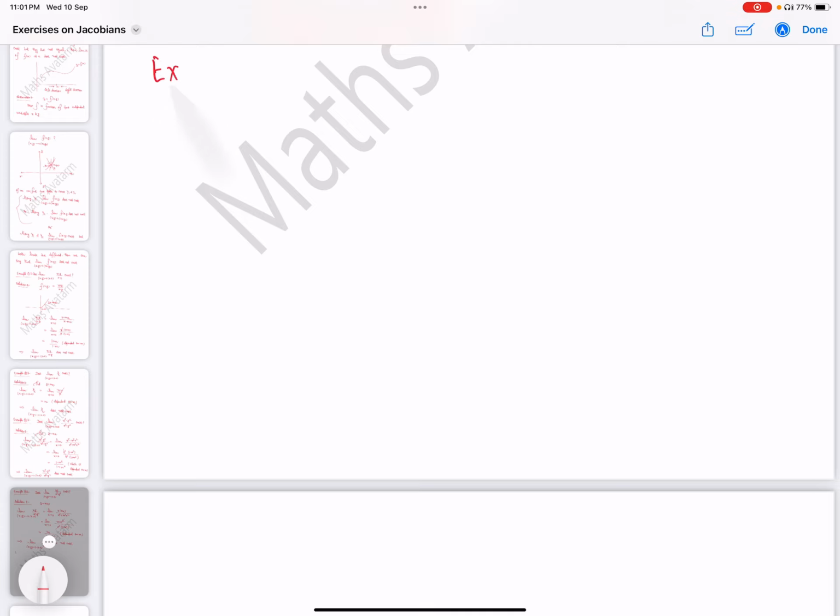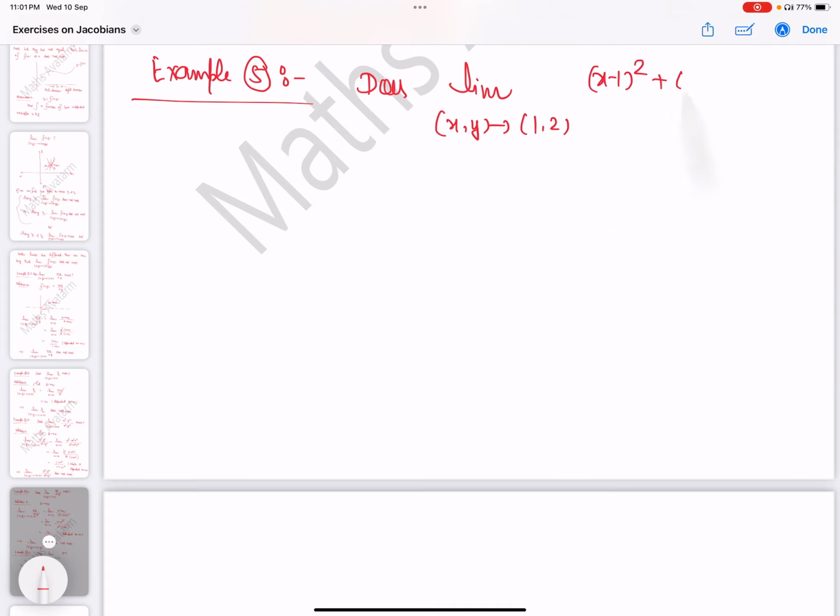Okay, now example 5. Does the limit (x, y) tending to (1, 2) of ((x minus 1) square plus (y minus 2) square) upon ((x minus 1) square minus (y minus 2) square) exist? Here the point (x naught, y naught) is (1, 2), so we have to select a curve.